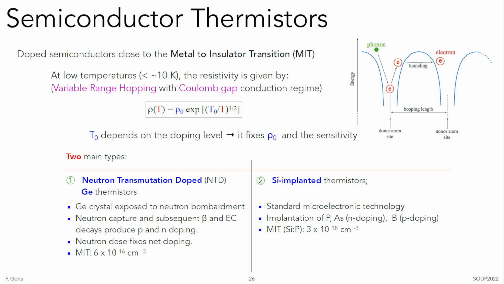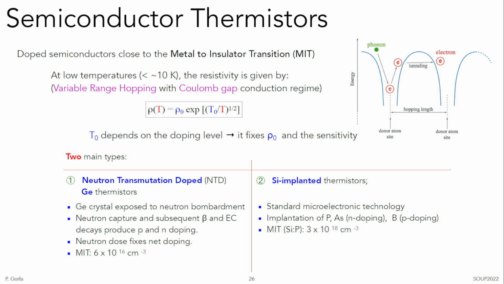And through the neutron capture and the following decays, you produce P and N doping inside the thermistor, and if you know your neutron source, your reactor, well enough, you can tune very well the dose you inject into this thermistor, and tune in some way the R0 and T0 parameters to get to the sensitivity that is needed for your kind of device.